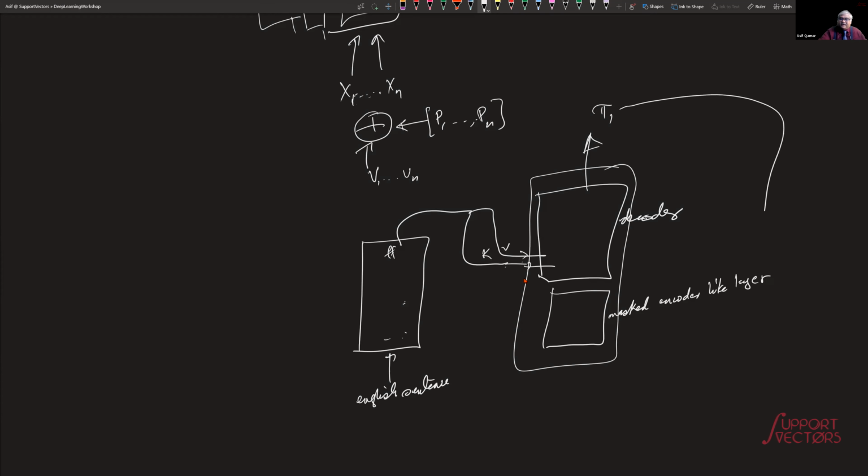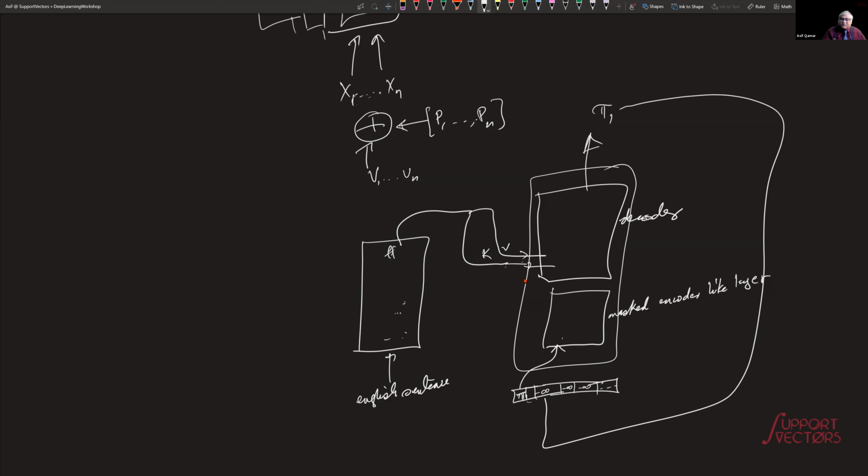You take this pi1 and fill it in here, and the other blocks you just set to minus infinity. In other words, you mask it out. It is meaningless.